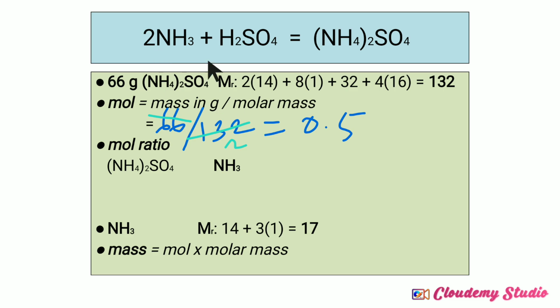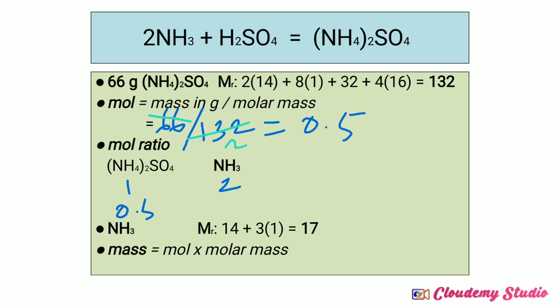So we write these two as per the chemical equation: ammonium sulphate 1 mole, ammonia 2 moles. That is, 1 mole of ammonium sulphate requires 2 moles of ammonia. Now, how many moles of ammonium sulphate are given in the question? 0.5 mole.